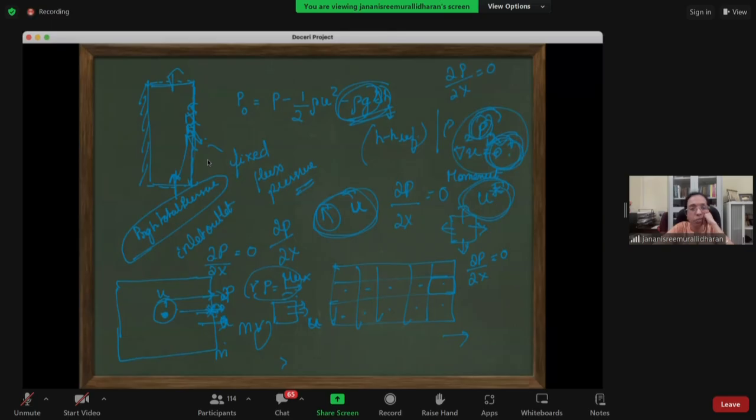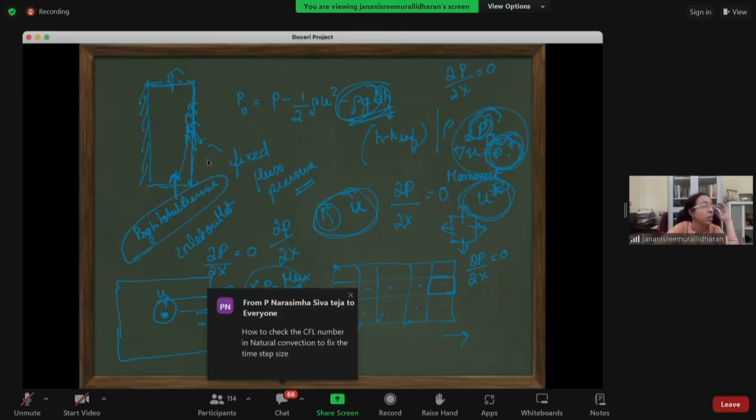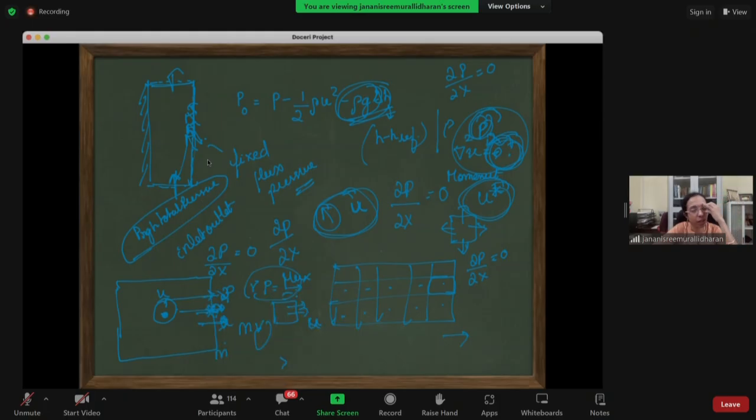Anything else? Any other questions? Good question. So how will you check the CFL number in natural convection to fix the time step? So typically, natural convection is a trial and error process because you don't know your velocity. Am I correct? So what you will have to do is you will have to run 1 or 2 rounds of simulations with a particular delta t value.